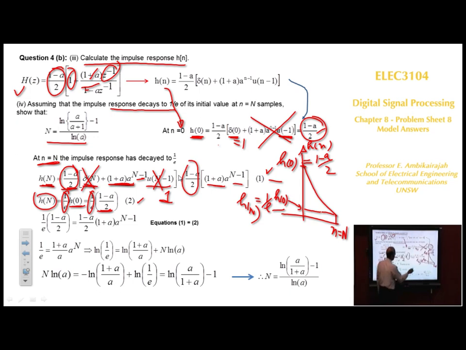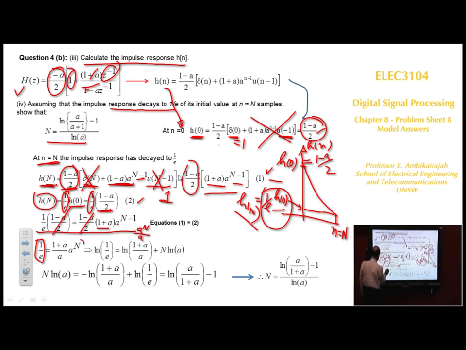They're saying h[N] is 1 over e times the initial value, and h[N] is also calculated this way. You equate them, and then you can cancel that one with that one, gone. So 1 over e is equal to 1 plus a over a to the N minus 1, which you can write as a to the N over a. So that's what you have written here.